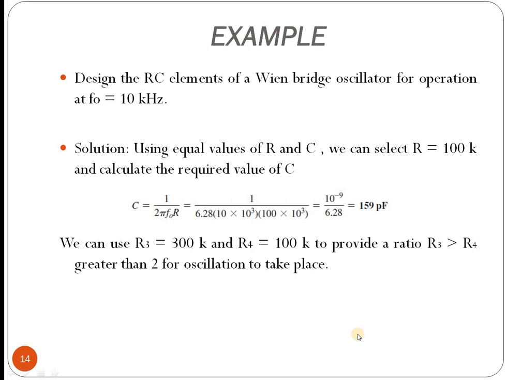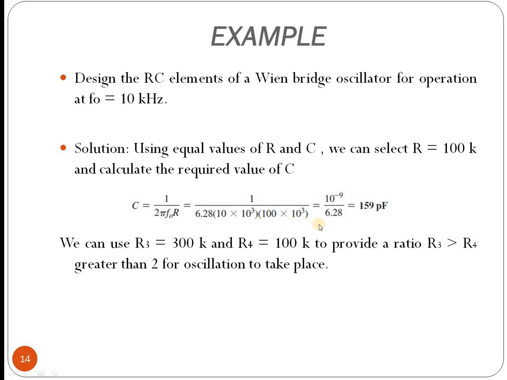Another example: design the RC elements of a Wien bridge oscillator for operation at f0 equals 10 kilohertz. So the frequency is given, and we need to fix the RC elements to design the whole circuit. Using equal values of RC, first we fix the resistor value at 100k, and using that we find C, that is C equals 1 by 2πf0R.